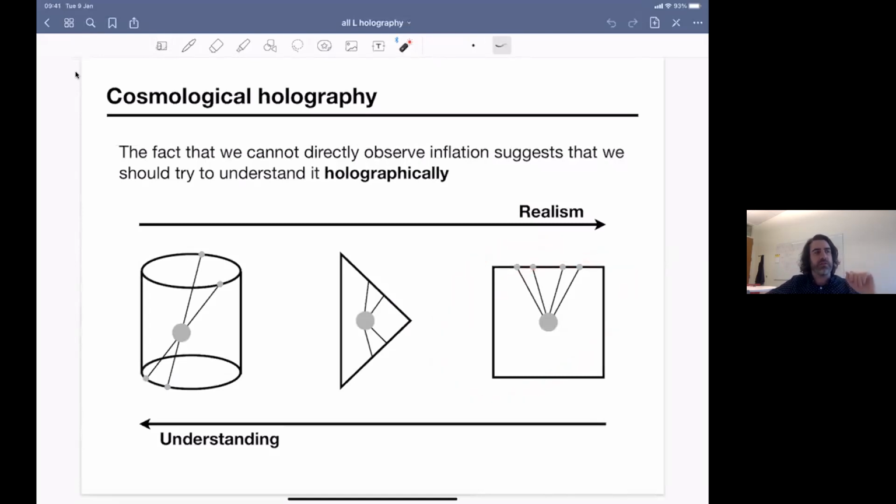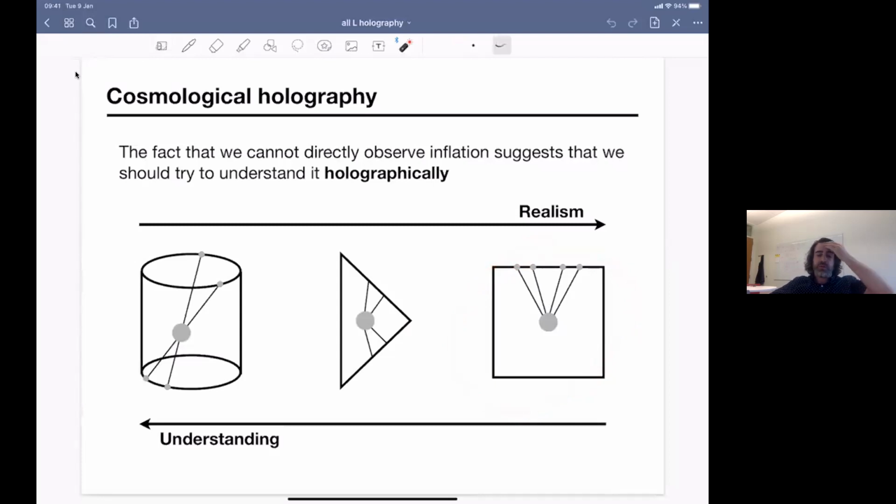As I'll try to illustrate, we are just starting to understand what's going on at tree level. I'm going to focus in this talk on the physics of inflation, this putative period of de Sitter expansion in the early universe. But we also have very strong evidence that we are headed to a late stage of de Sitter expansion. And so it's very important for the world we live in to understand holography in these kinds of spacetimes.